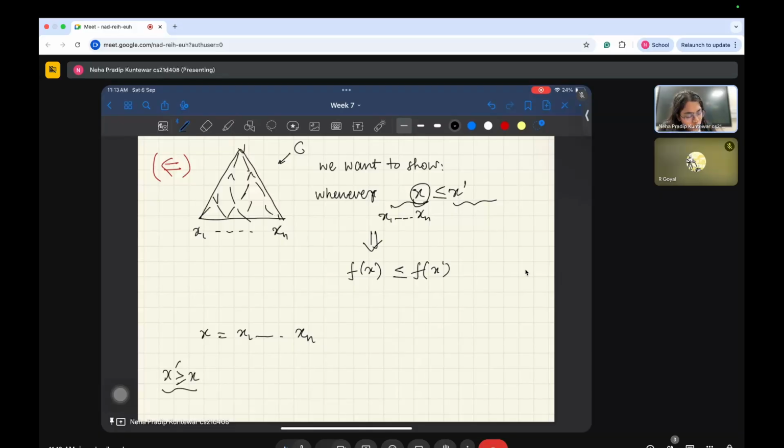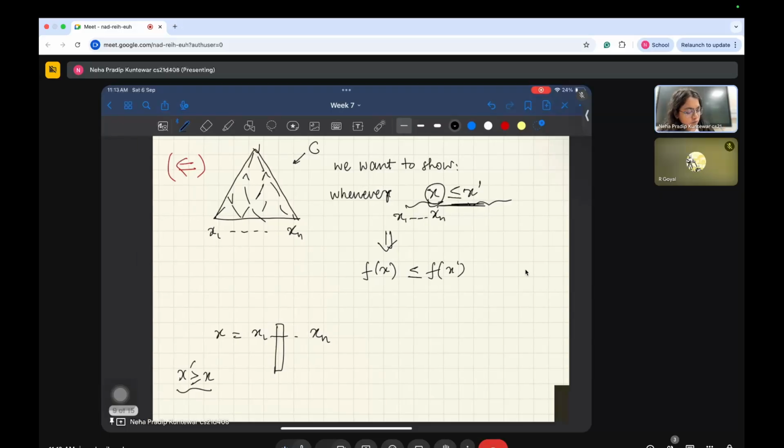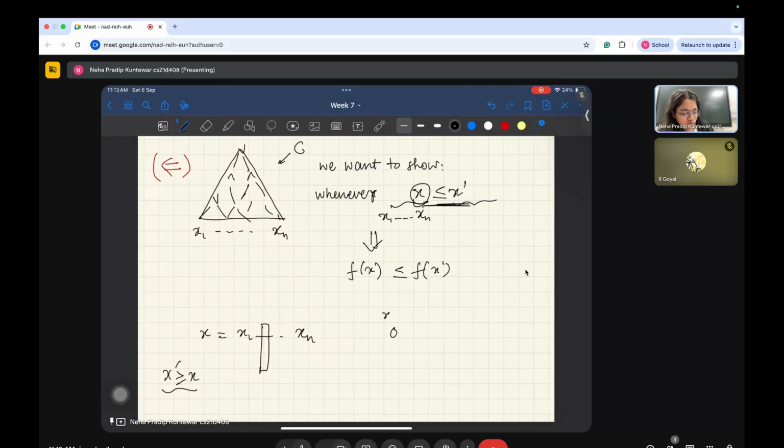Whenever this happens, there has to be one column xi where xi was 0 and xi prime became 1.